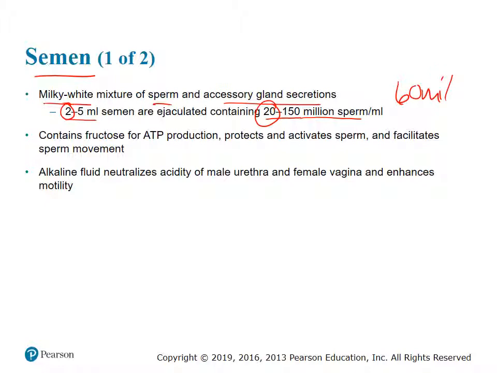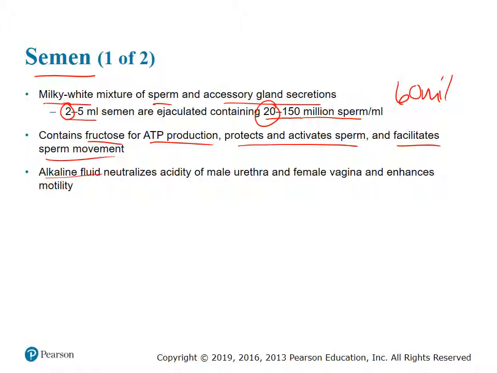Okay. I mentioned fructose because fructose is a carbohydrate used for ATP production. Many of those secretions protect and activate the sperm and help the sperm move up the vagina into the urethra and up to the fallopian tubes.